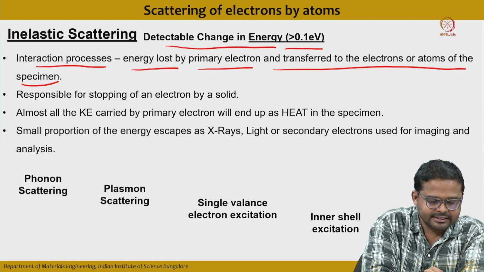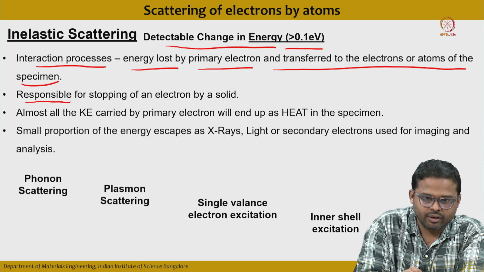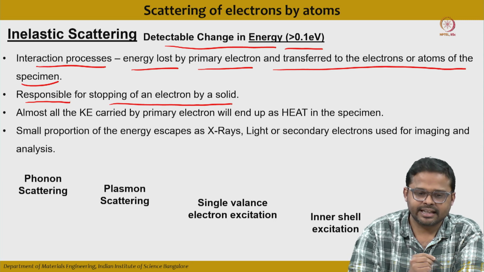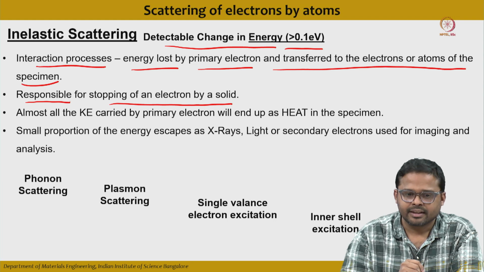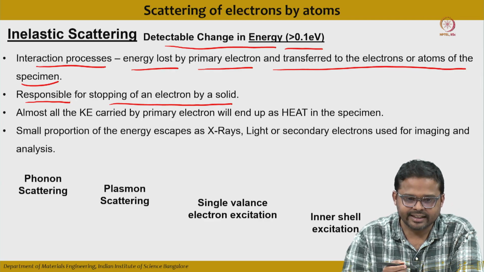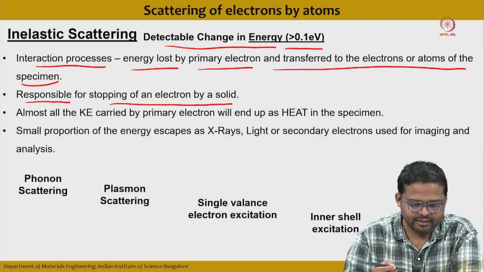And this inelastic scattering is also responsible for stopping of an electron by a solid. When the electron goes into the sample, because there is inelastic scattering, it loses energy, but at a certain point it will be stopped in the solid.